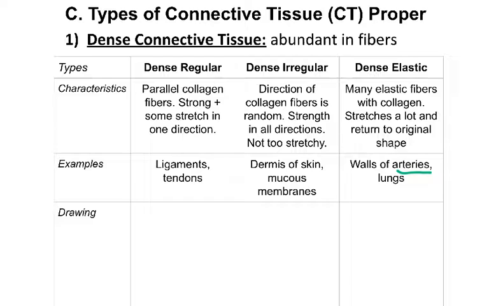The arteries are big blood vessels that push blood through very quickly, as well as your lungs, which, as you know, expand and contract really quickly. Lungs also have smooth muscle, but in addition to that, they need a lot of dense elastic tissue to give them the ability to sling back to their smaller shape very quickly.